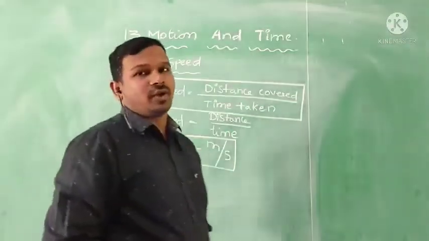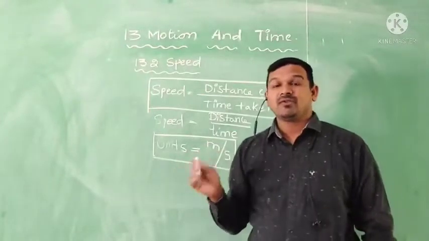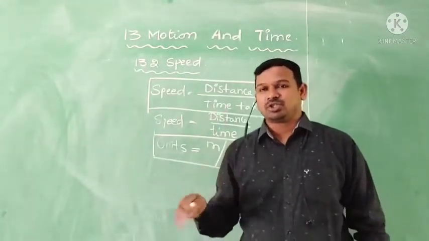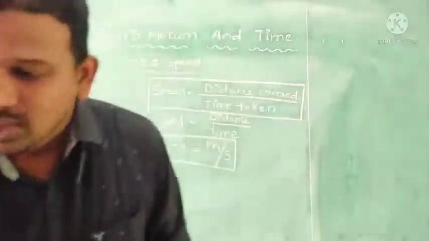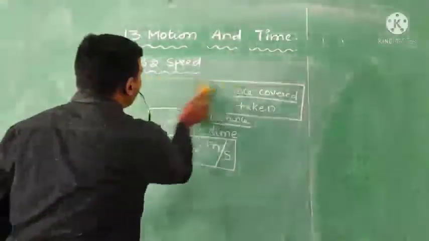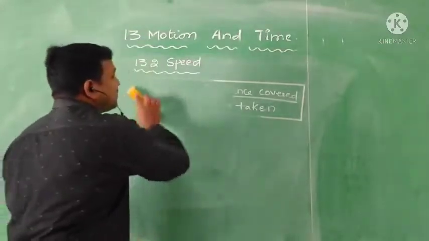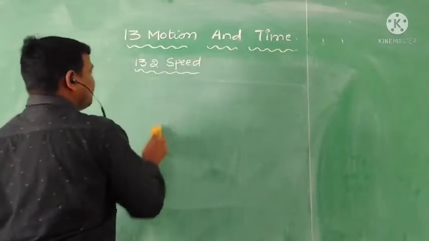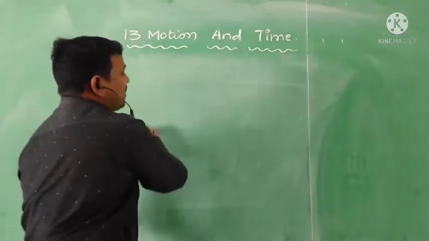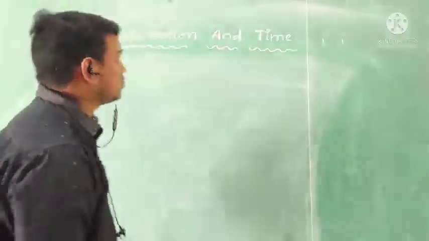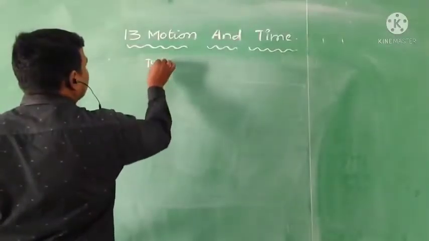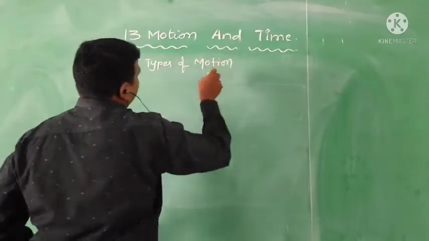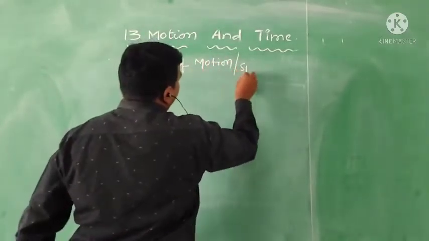Okay children, so we studied about speed. Now we are going to discuss types of speed or types of motion. Based upon the time taken to cover the distance, based upon the distances covered in a given interval of time, we classify speed or motion into two types. So we can write here types of motion or speed.